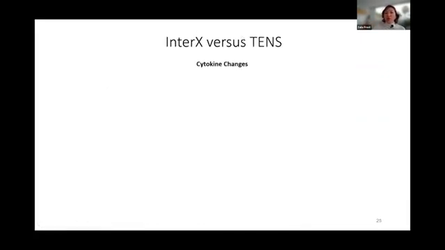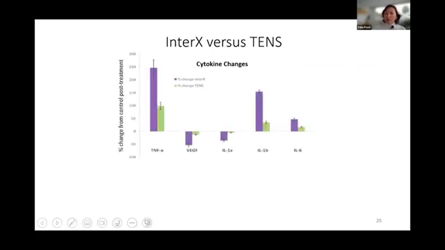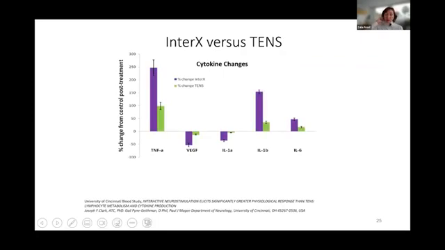Right now, another study for you, interesting changes on cytokine level with InterX versus TENS device, because people start saying, does it work like TENS? Well, it works better than TENS. You could see that every cytokine released by InterX is more, or reduced is more, yes?